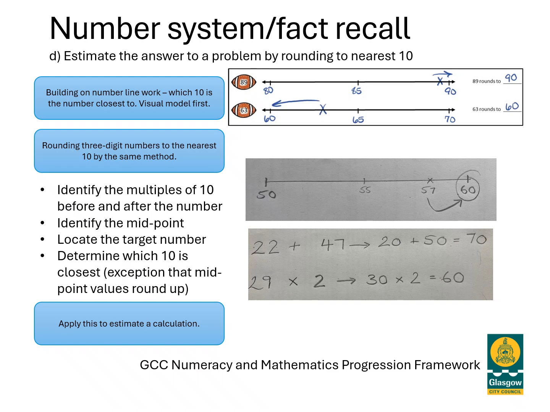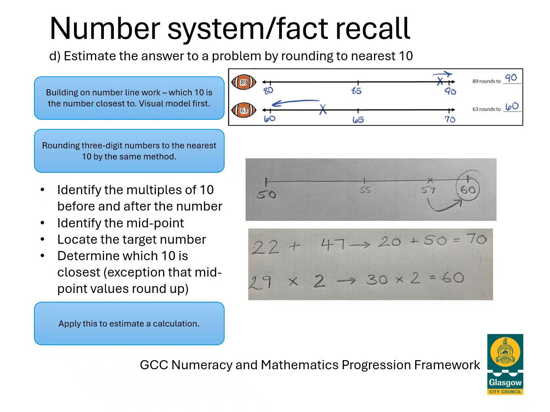So you can consider those counting routines as part of daily retrieval practice, or in those little moments of lining up or tidying up or whatever you're doing. And if we can embed that idea of counting in tens all the way up to 1,000, it helps them with this process, because ultimately to round any number to 10, they need to identify, as in that top right picture, the multiples of 10 that are before and after that number.